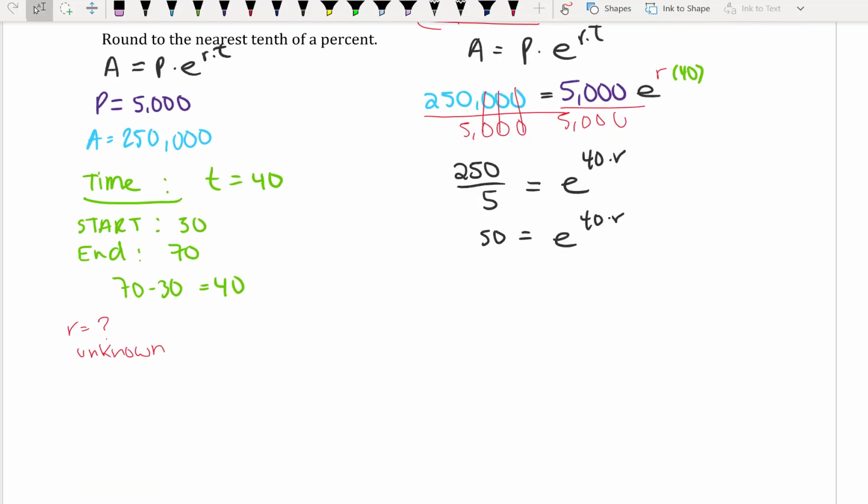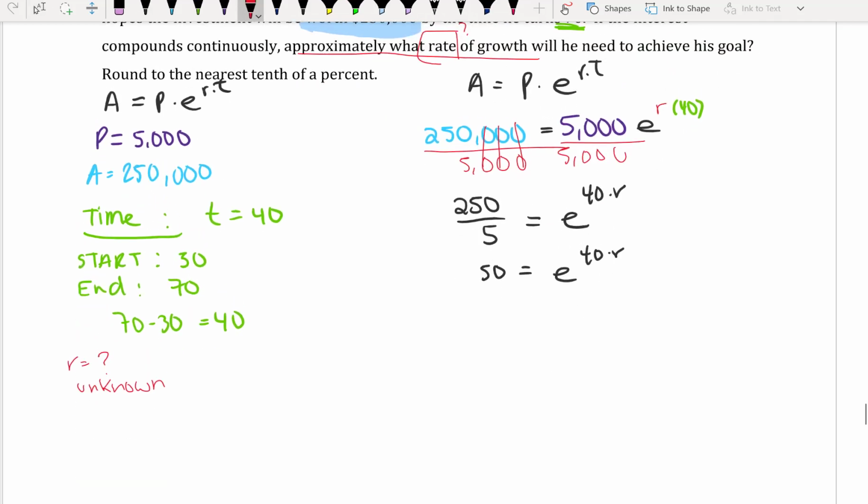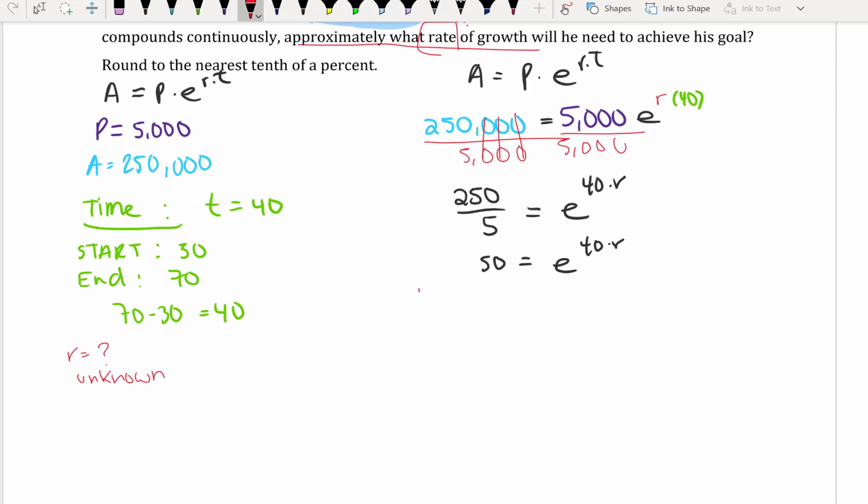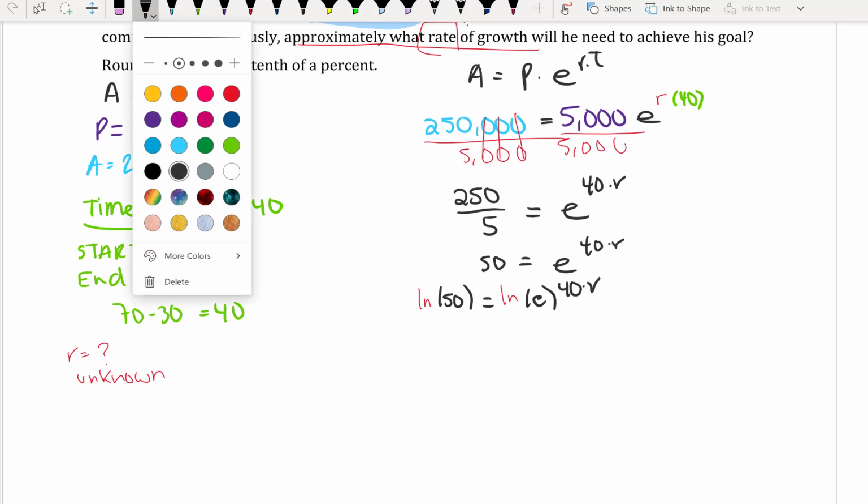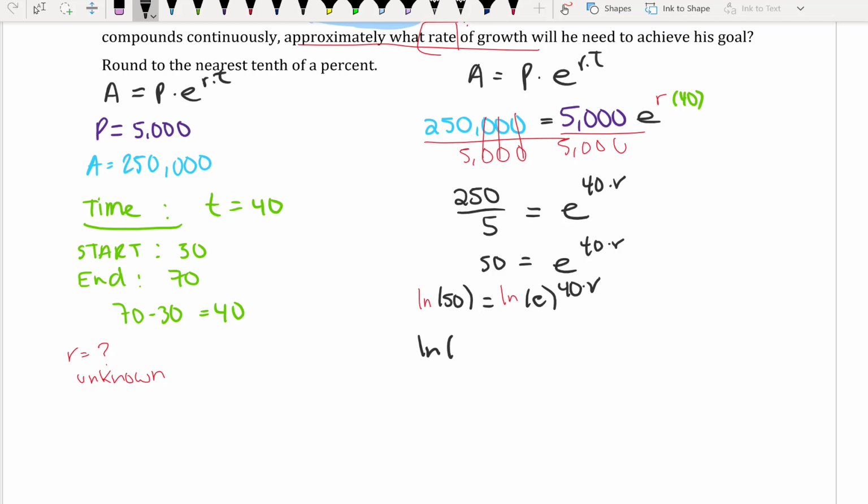So in this case, what you want to do is log both sides, or actually since it's e, natural log both sides. So natural log of 50 is equal to the natural log of e to the 40 times R. So we know that ln 50 is equal to, and the ln and e cancel, so you have 40 times R. So you divide both sides here by 40.